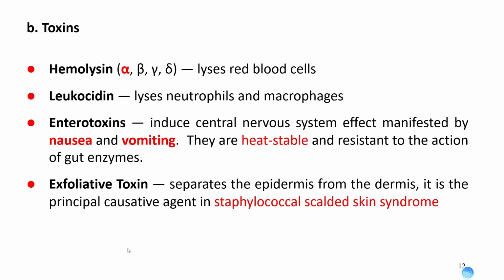It can peel off the epidermis layer from the dermis layer, and that can cause a syndrome called Staphylococcal scalded skin syndrome. Later, I will show you the picture of this syndrome.